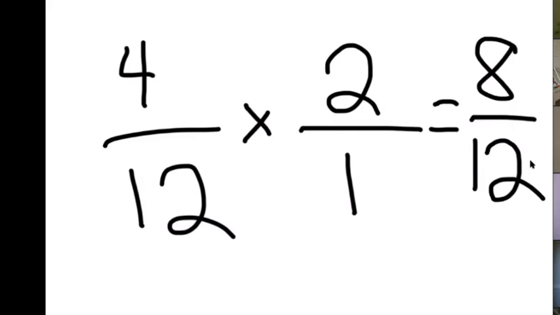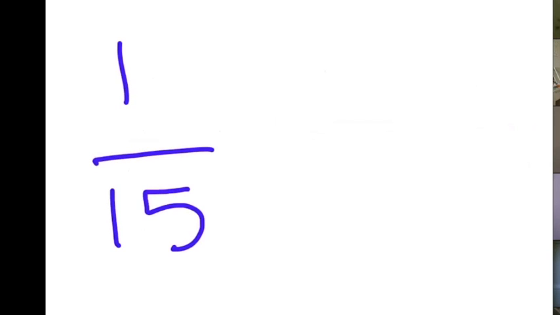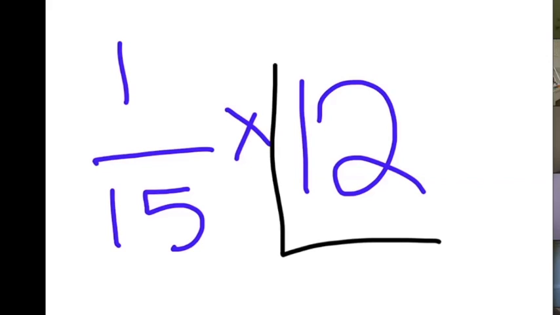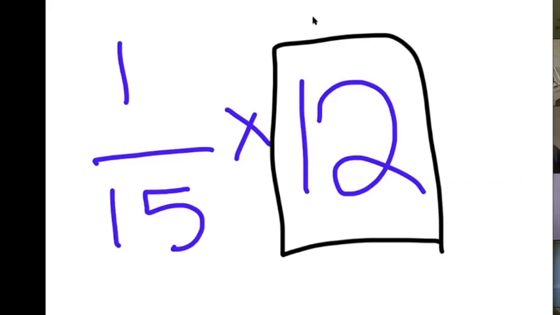Okay, to show it with the diagram first, because it really shows you what we're actually doing. We're really doing addition over and over again. But let's take a look. If we had something maybe like this, this would be really annoying to draw as a diagram, right? Because how many times would I have to show 1/15?